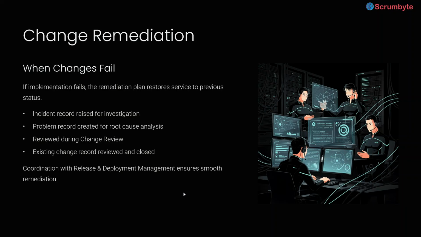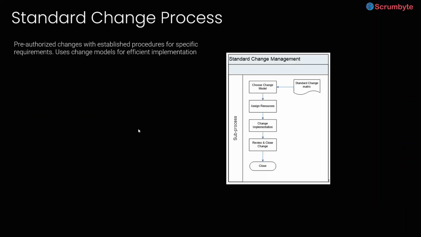Now that we have looked at generic change management, let us look at the standard change process, which is very simple. This is a pre-authorized kind of model. You know that there are very specific procedures which have been done multiple times before, so you follow that plan. This is the flow chart for that. It's very simple. You choose the change model, assign the resources, implement the change, review and close the change.